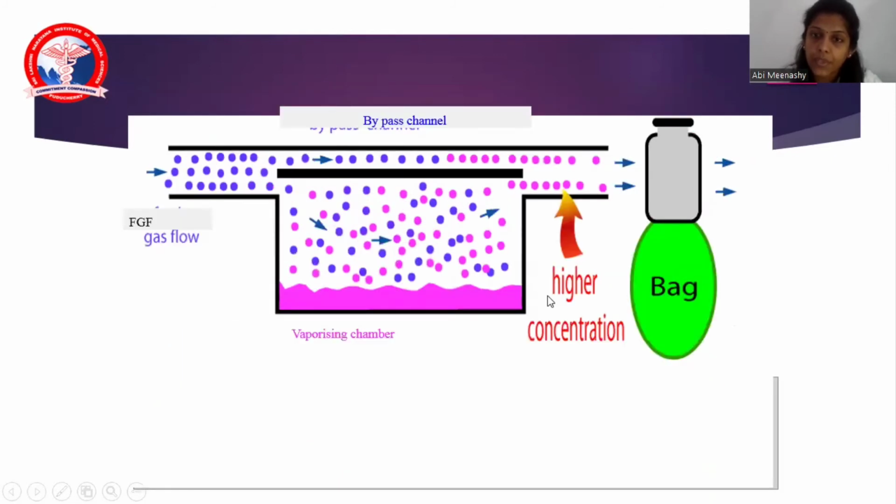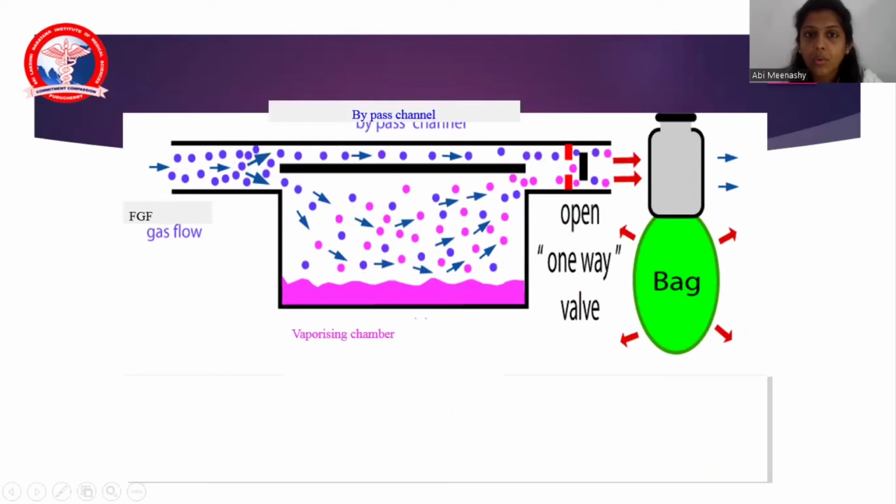This actually happens during assisted or controlled ventilation or in a lower dial setting. In a lower dial setting, you will expect the output to be low, but because of the pumping effect, there is a higher concentration that is being delivered.